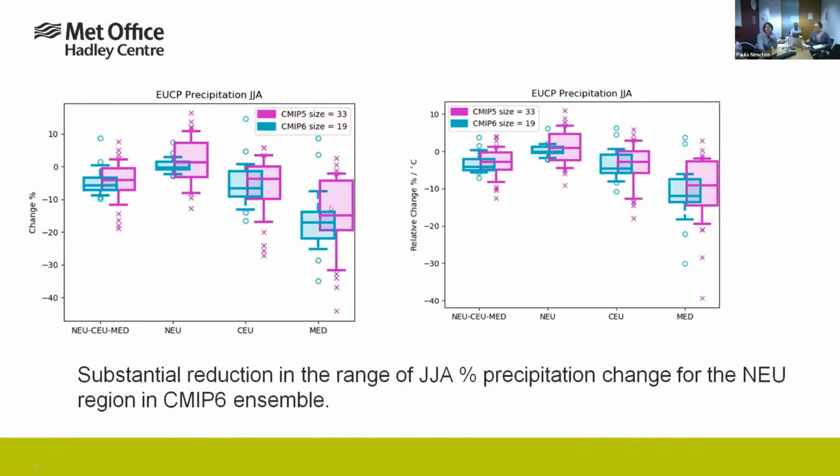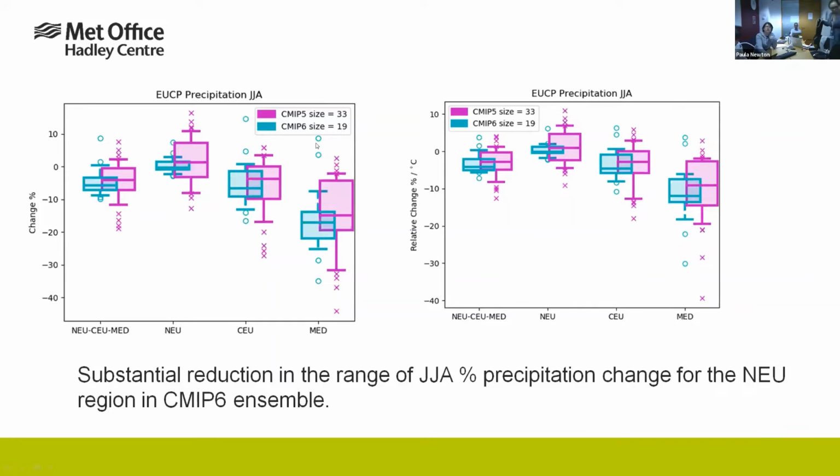There is a change in the percentage change for the Mediterranean in CMIP6, but I'm not sure again how significant this is. I'll show you the absolute changes in precipitation in a minute, but because we've got such a dry area here, this may not be as significant as it looks.